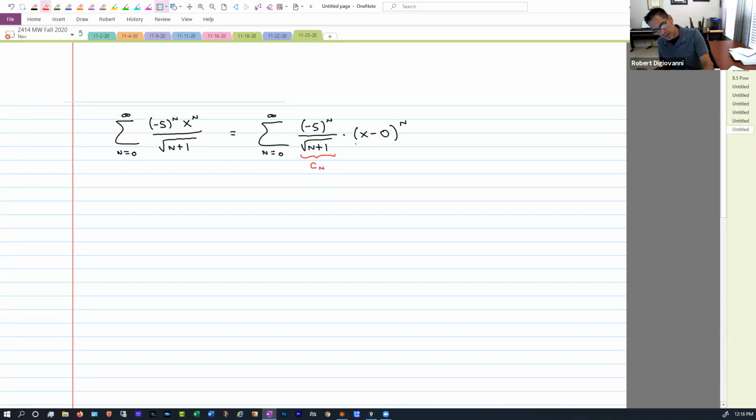This is c sub n, and this part right here is x minus a to the n. So this is a power series that's centered at 0, and this negative 5 to the n over the square root of n plus 1 is our c sub n. As you plug in n's, this is going to spit out a different number each time. And this right here is just going to keep increasing the powers on x.